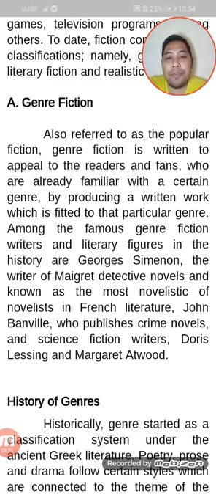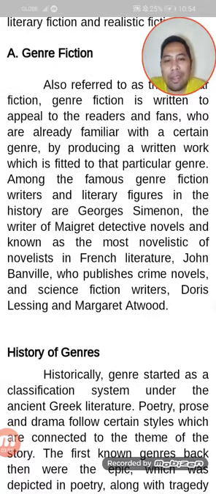Among the famous genre fiction writers and literary figures in history are George Simenon, the writer of Maigret detective novels and known as the most novelistic novelist in French literature. Okay, Jean Bonville, who publishes crime novels, and science fiction writers Doris Lessing and Margaret Atwood.